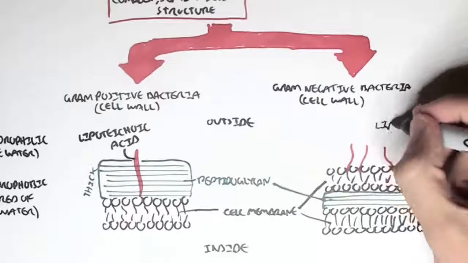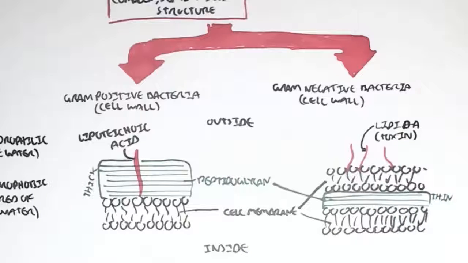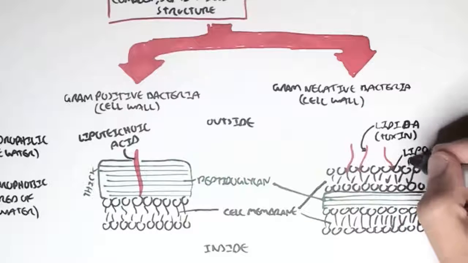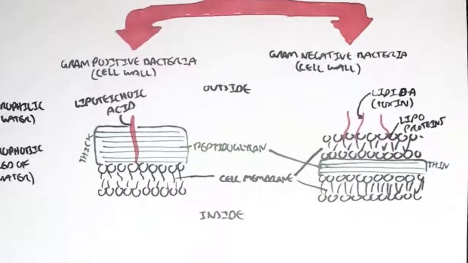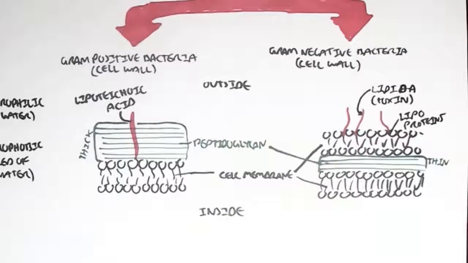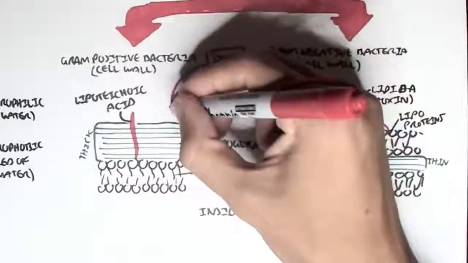The gram-negative bacteria, on the other hand, has a lot of lipid-like structures on the outer cell membrane, such as lipoproteins and also what's called lipid A. Lipid A are toxins, and they cause certain diseases and shock syndromes within the human body.